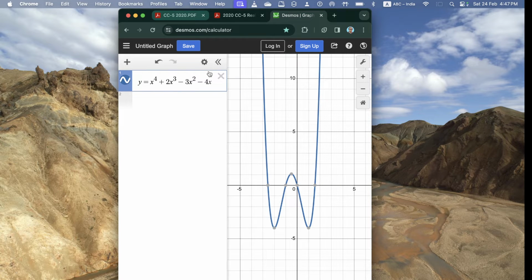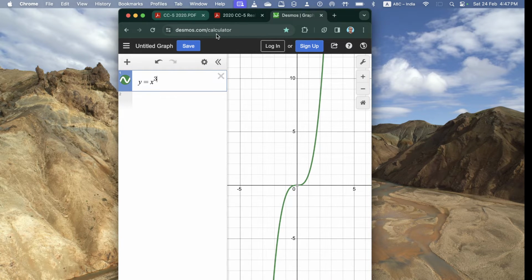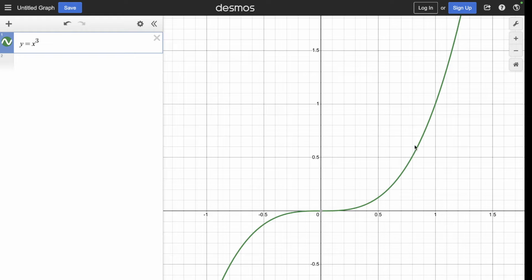So if we take y equal to x cube, this is the graph. For negative x, when x is less than 0, this function is concave downwards, and this is concave upwards. So the convexity changes at this point, x equal to 0.